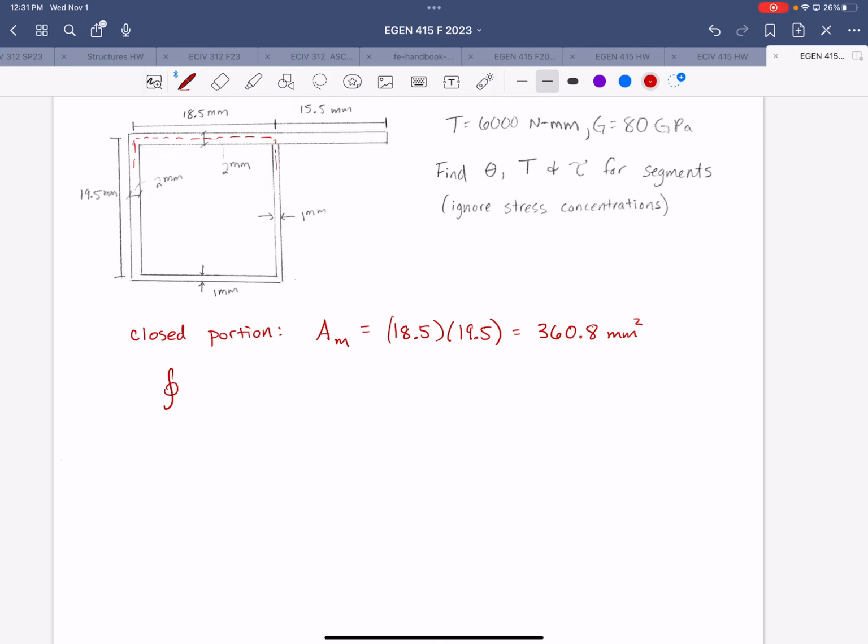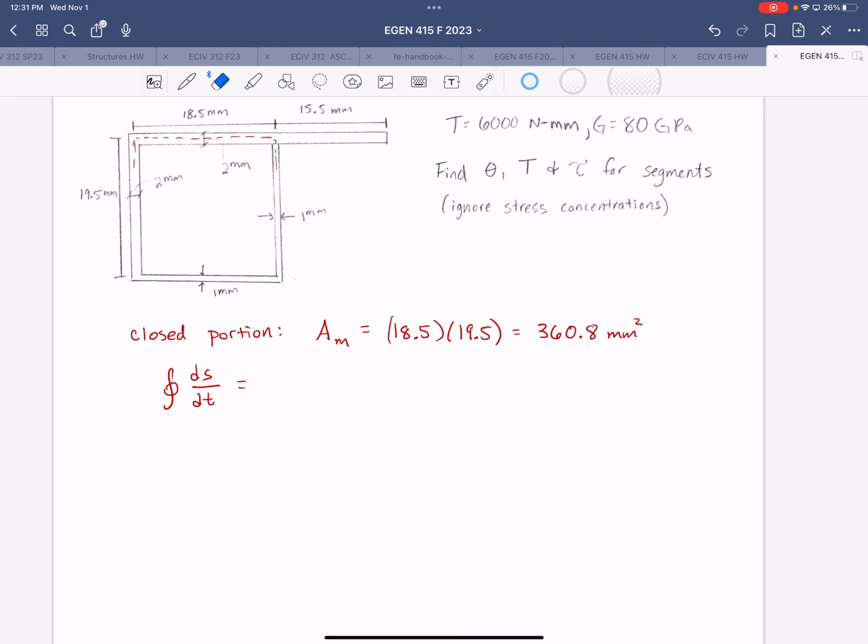So the integral over the closed loop of ds over dt, since we have straight line segments, we can use that simplified calc on the previous page. It's just the summation of the segment's length divided by its thickness.